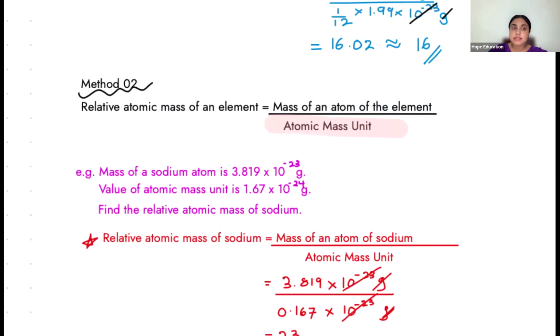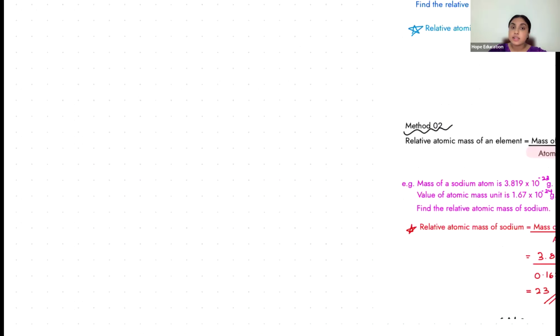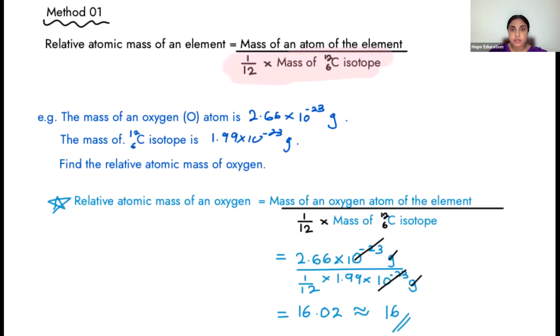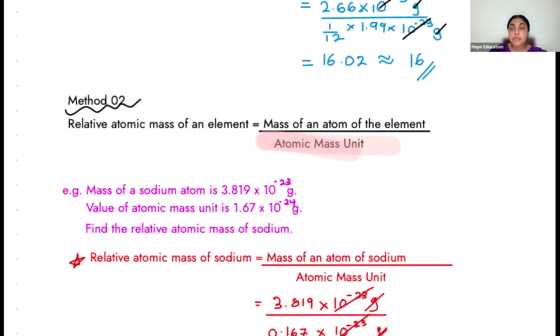How did I replace it like that? Because we learned last week that atomic mass unit is mass of carbon-12 isotope divided by 12. Here too we have mass of carbon-12 isotope divided by 12, so instead of that I can put atomic mass unit. Why?